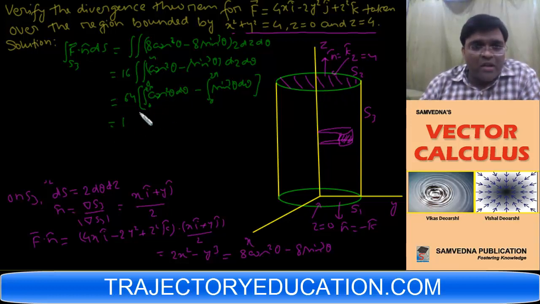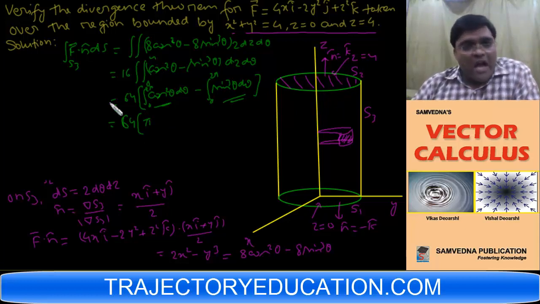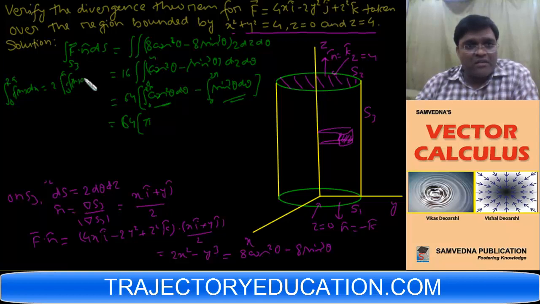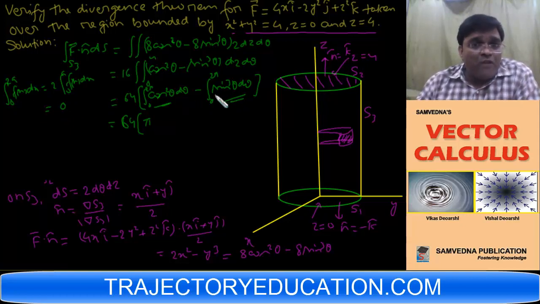So the first becomes 64 times pi. And what is the second? I'll again remind you, remember the integral from 0 to 2a of f(x) dx is twice the integral from 0 to a of f(x) dx if f(x) is an even function, and it is 0 when f(x) is an odd function. So you find this is an odd function, since sine cube of 2 pi minus theta is minus sine cube theta. So this is 0. So this will be 64 pi.